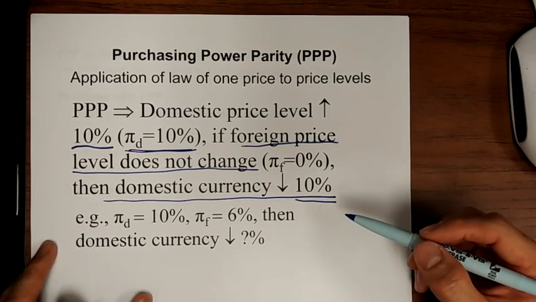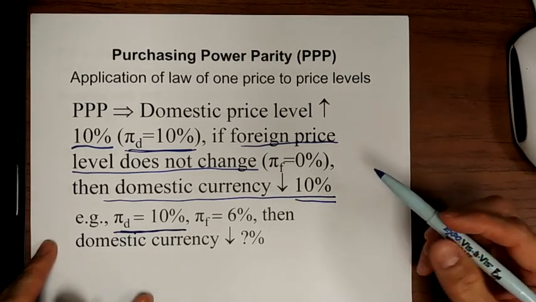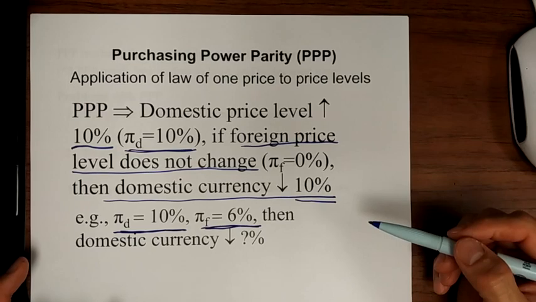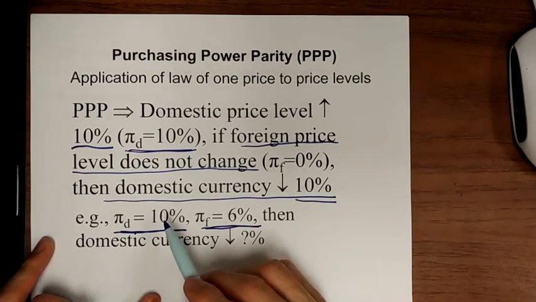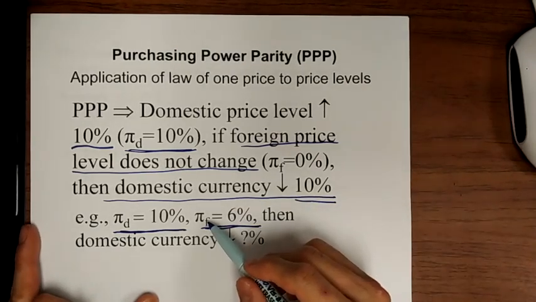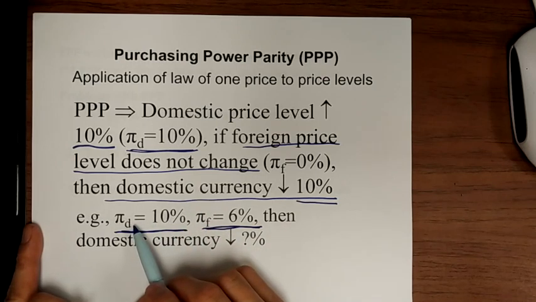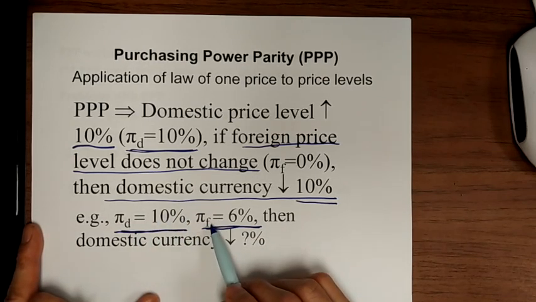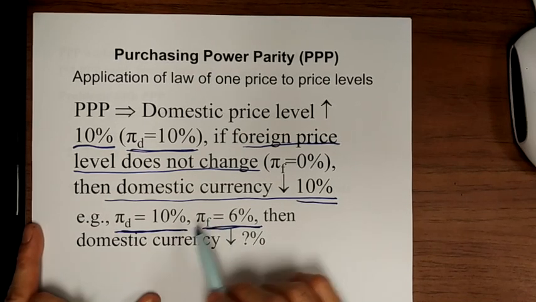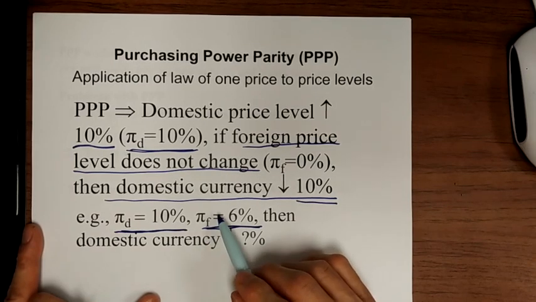Say, for example, the domestic inflation rate is 10% and the foreign inflation rate is 6%. Therefore, which one becomes relatively cheaper? The answer is foreign goods. Therefore, people are going to sell domestic currency and buy foreign currency to buy foreign goods. Therefore, the domestic currency will depreciate against the foreign currency.